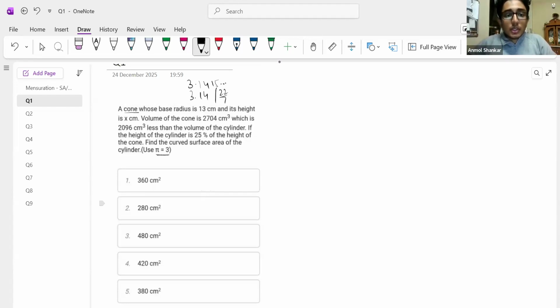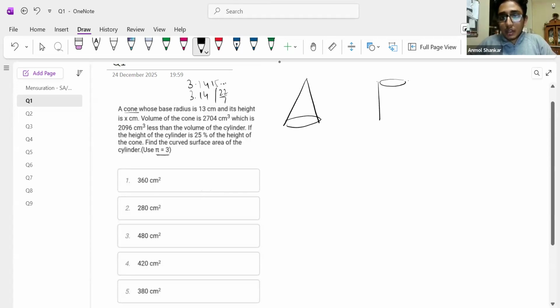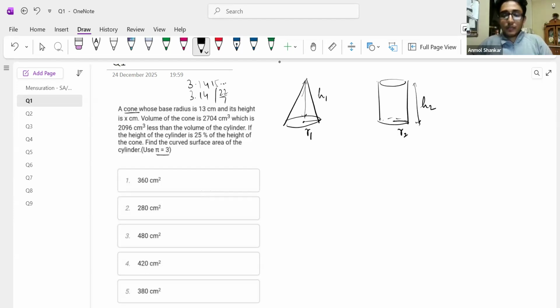So there is a cone and a cylinder. First let us draw. It is always better to draw a figure, it may take 10 seconds, but you will get some clarity. The base radius of the cone is 13 centimeter. Let us call this R1 and the height H1. For the cylinder, this is R2 and this is H2.